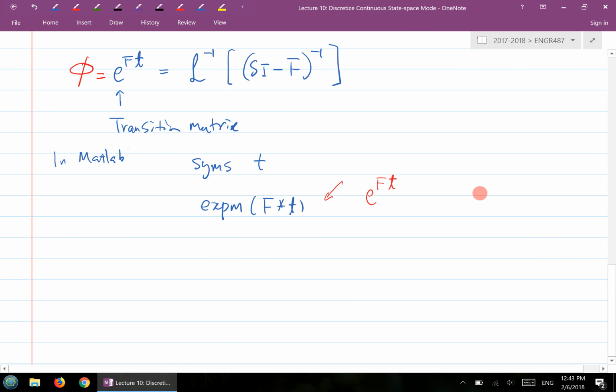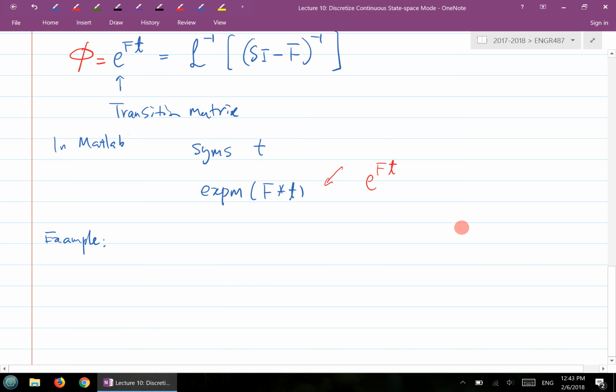Let's take a look at an example here. In this example, I'm going to start from the very beginning. Suppose you're given a Laplace transform.